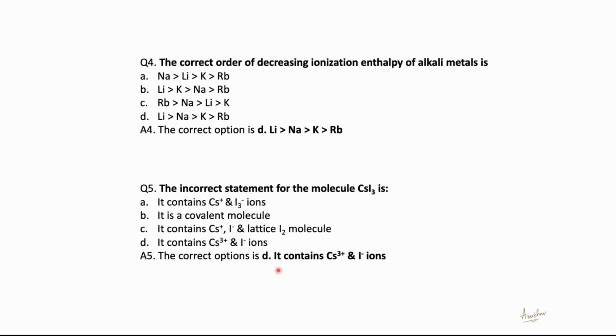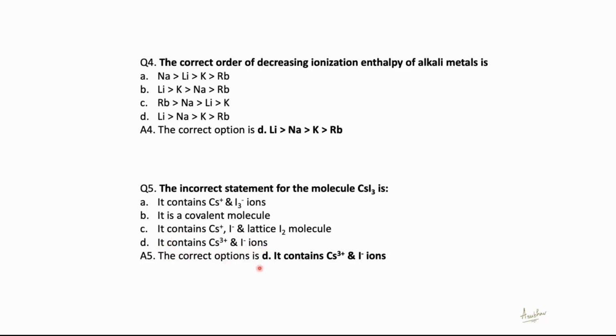After that, it would have the electron configuration of the noble gas, so it will not allow pulling out the electrons from the noble gas configuration. So Cs+ is okay, but Cs3+ is nonexistent. It's impossible to find a Cs3+ cation. So whenever it is written that it contains Cs3+ and I- ions, this statement will be the false one.